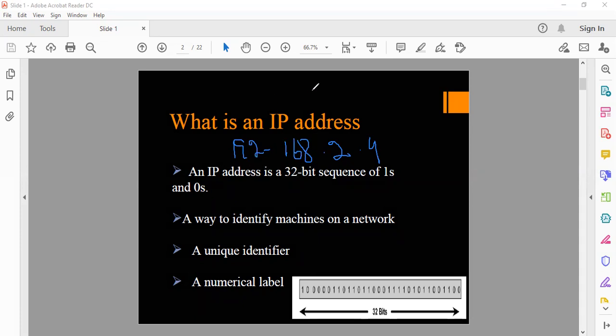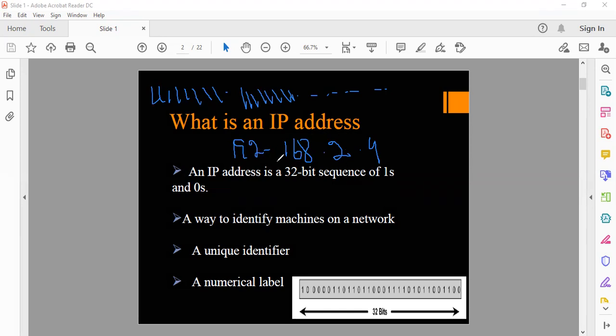IP version 4 is 32 bits long, meaning four groups of 8 bits.